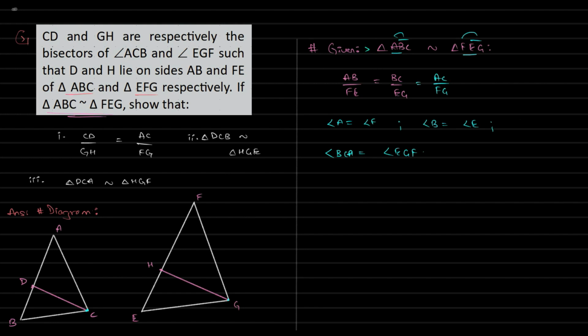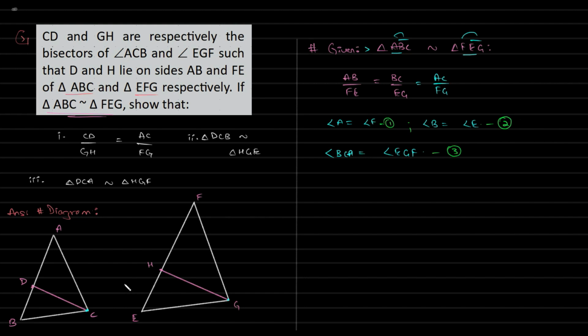I'll call this equation 1, equation 2. Similarity can be proved with angles. You can clearly see there's nothing given about sides, so it will be difficult. It's always easier to handle with angles.